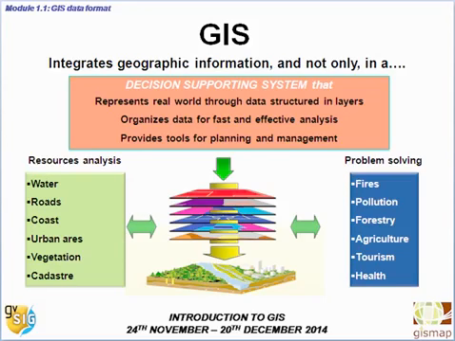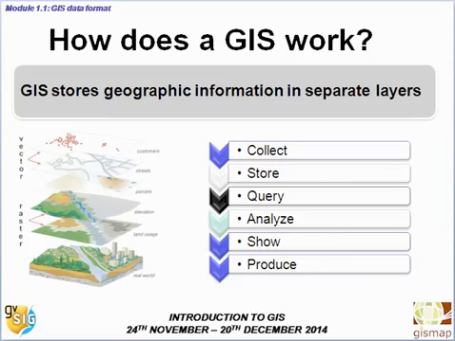We can analyze problems with water, roads, coastline, urban areas, vegetation and cadastre to solve problems like fire monitoring, pollution, forest management, agriculture, tourism and health. A GIS works by collecting data from different sources, storing it in a proper way, querying and analyzing it, and finally showing and producing final reports, maps and WebGIS.